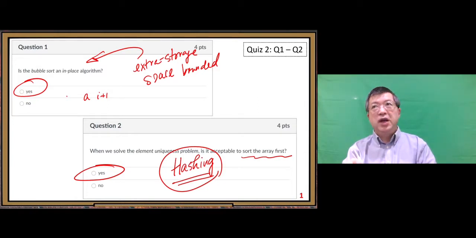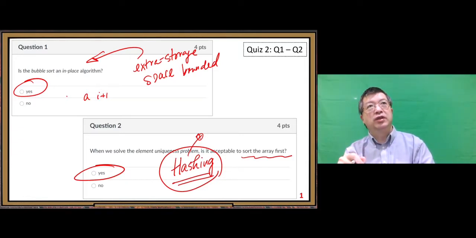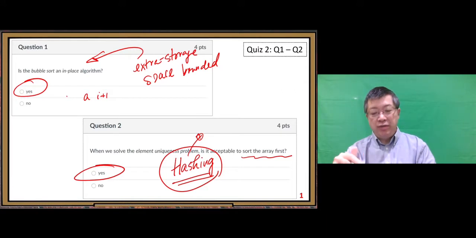Even when we use hashing, we can do faster. But this method, the overhead part is high. You need to prepare your data structure, the hash table. So for the overhead part, you need to pay some cost. Other than that, overall performance, no question, much faster.